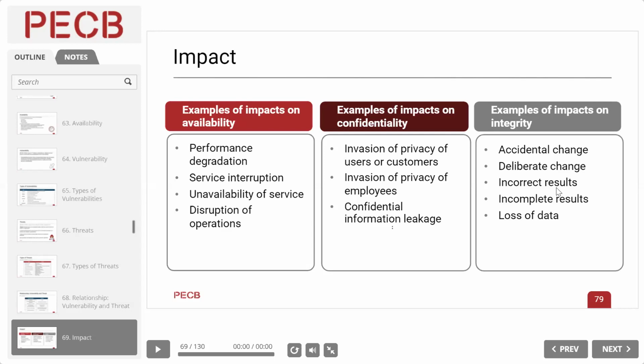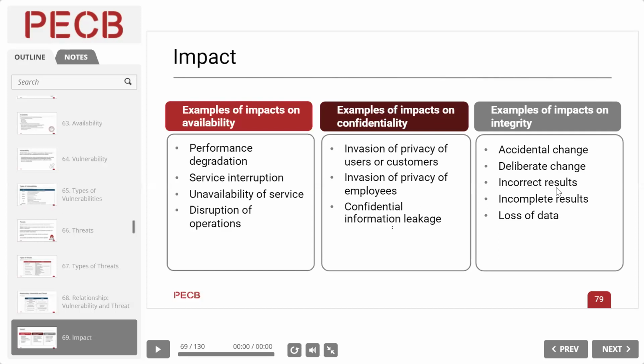That's what we can feel as the consequence if availability is compromised. Then examples of impact on confidentiality: invasion of privacy of users or customers, invasion of privacy of employees, confidential information leak. Okay. And then examples of impact on integrity: accidental change, deliberate change, incorrect results, incomplete results, or loss of data.